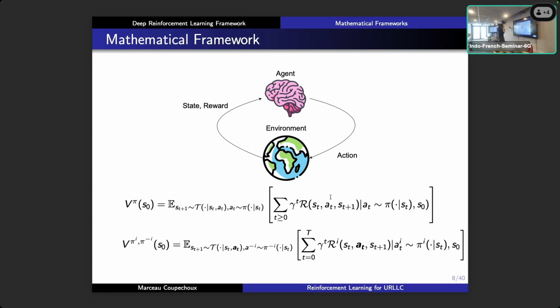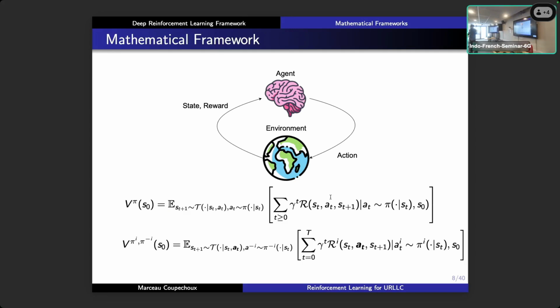If we are in a multi-agent reinforcement learning problem, we have something similar, but we are more in a game. Here we are talking about the policy pi_i, and the other agents have a policy pi_{-i}, and now you have to optimize also with respect to the decisions of the other agents. In the classical MDP framework, you can solve this problem quite easily if you assume, for example, that you are looking for Markovian policies.